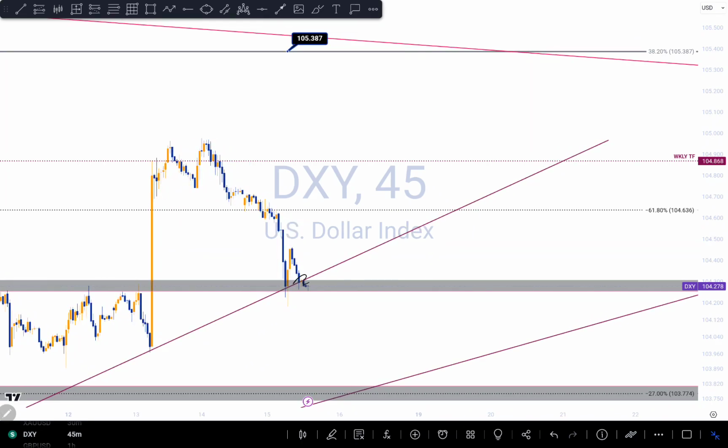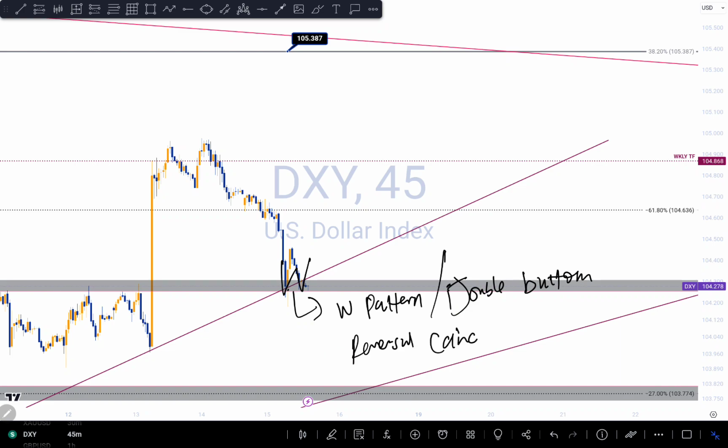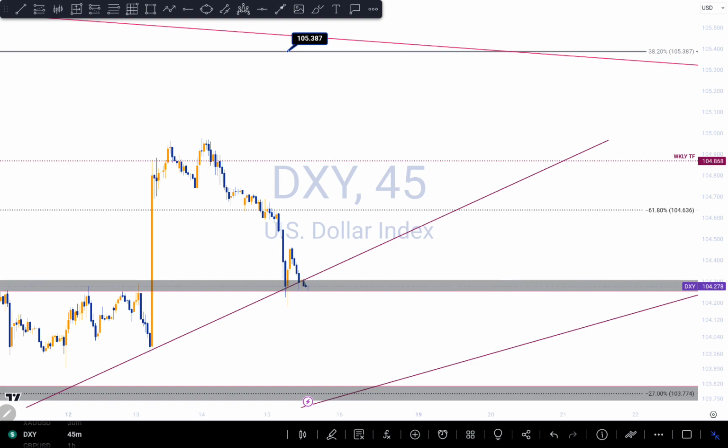To be honest, it's giving us some sort of W pattern right here, and we know the W pattern, also known as the double bottom, is a reversal chart pattern. So let's look forward to how it reacts around that area.